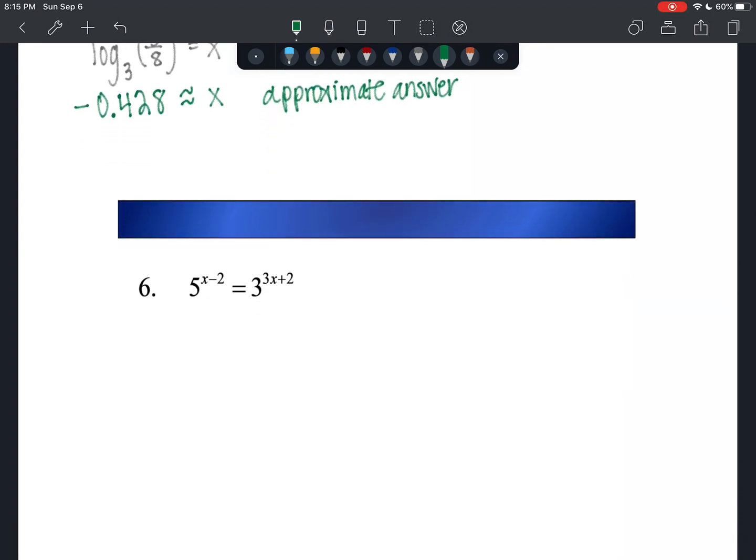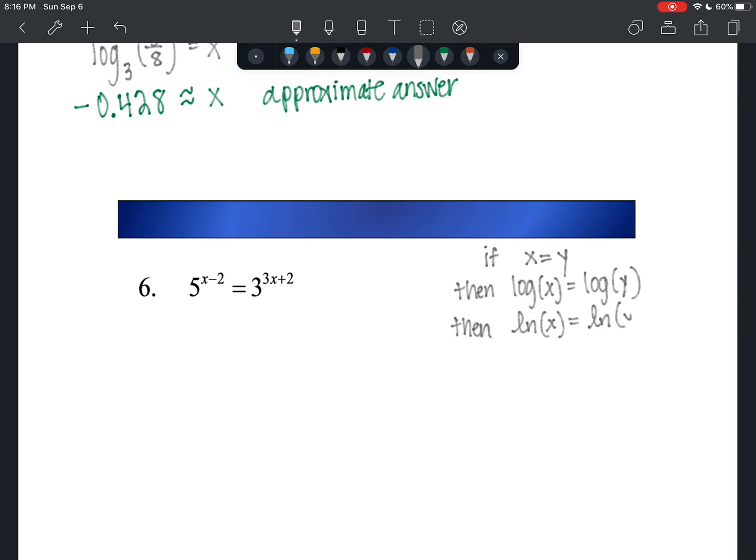Okay, number 6 is a little tricky. So we're going to start with this. If x equals y, then the log of x equals the log of y. We knew that from before, a few problems before this. We also know that we could take the natural log of both sides.